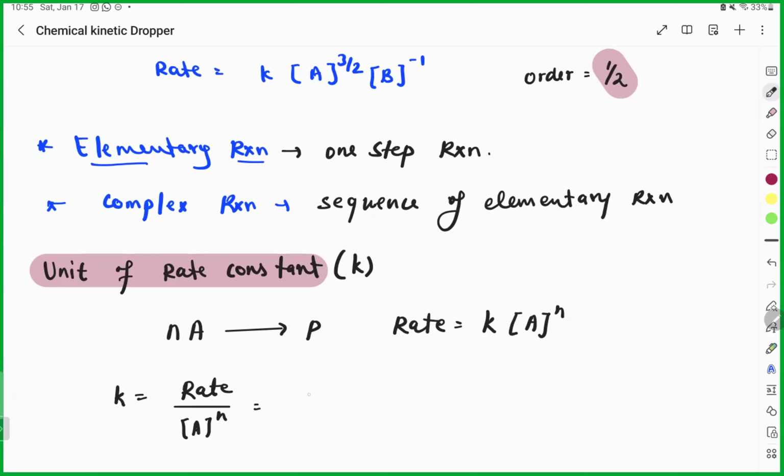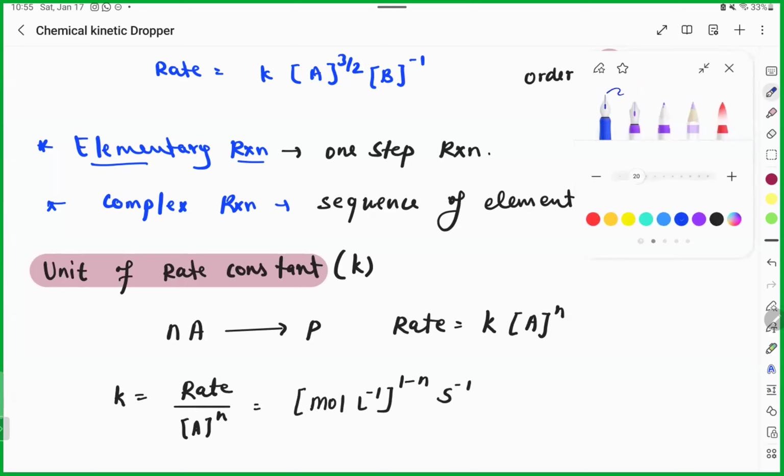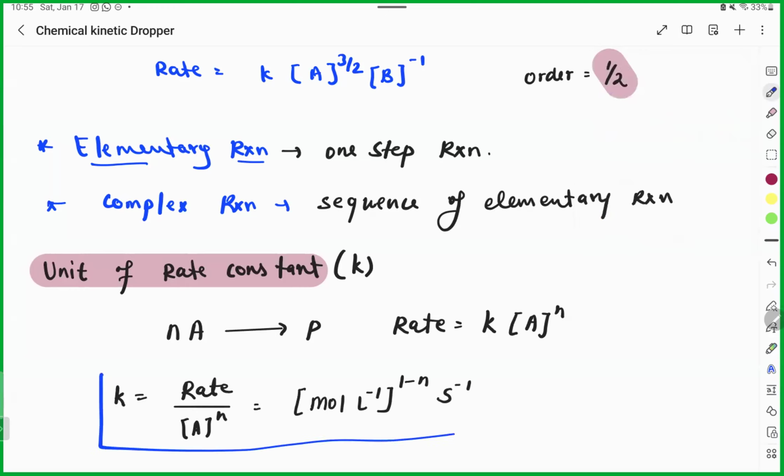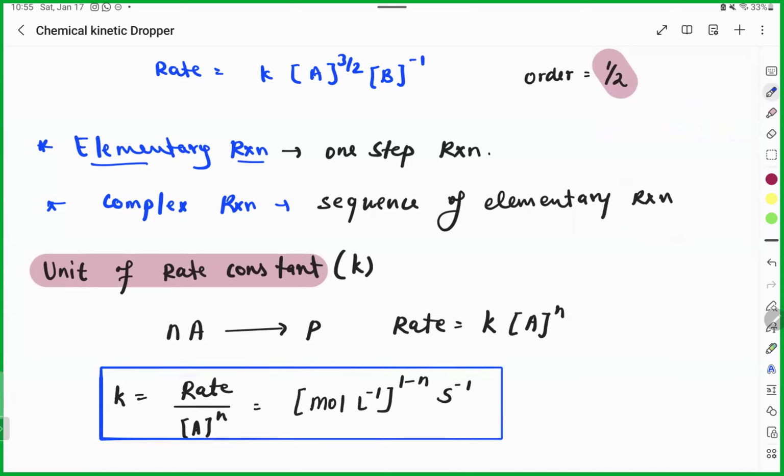So in this case, you will see the K unit will be mole per liter raised to power 1 minus n, and it will be always minus 1. I will show you, then you will understand better.